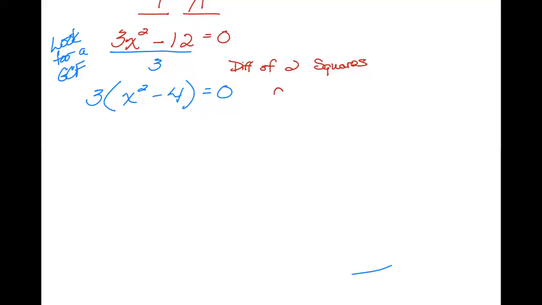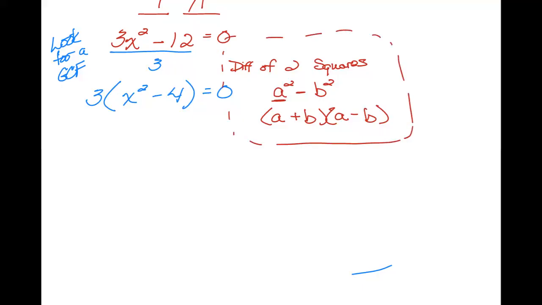It said that if you had some value A and you squared it, and then you subtracted some value B that was also squared, then you could factor it down to the base, which would be A plus B times A minus B. So this is one way you could do this. It only works when you have two terms.